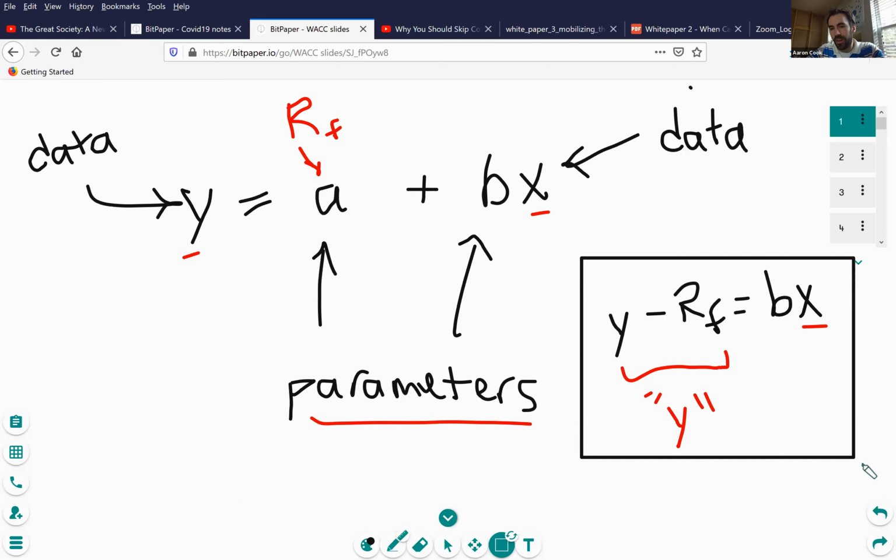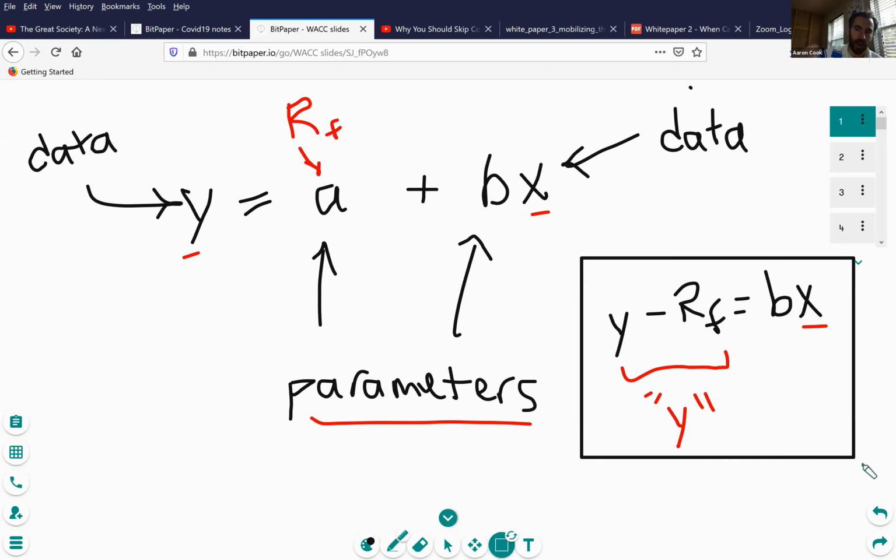The fact that that's our new regression model means that when we estimate this in Excel, our y data are going to be the returns on the particular stock minus the risk-free rate. That's the left-hand side of the equation. The right-hand side is just b times x. There's no a. So that's why we suppress the constant. That's why we selected the option for constant equal to 0 in our Excel regression.